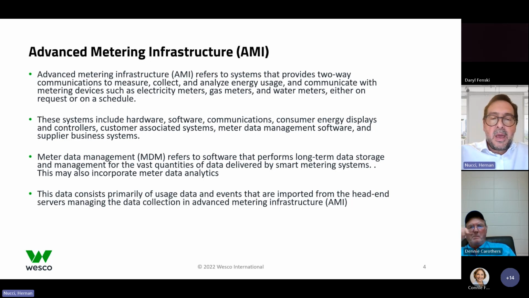Every time we talk about AMI, we're talking about the meters, the network, the software, communication, integration, any type of displays that may be integrated into AMI, meter data management software, and of course, CIS, the system that the utility uses to manage their business.